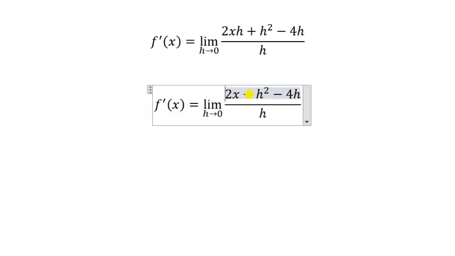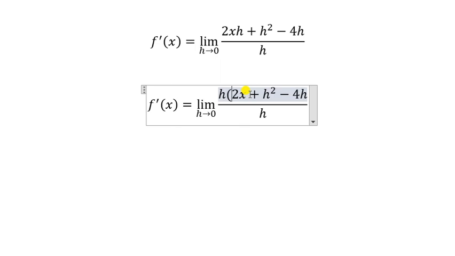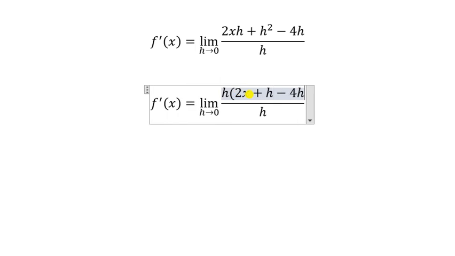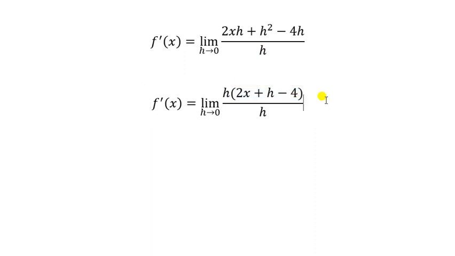I'll factor an h out, so we end up with h times 2x plus h minus 4. So this is our factored equation. I took 1 h out of each of these terms, wrote it outside, and we ended up with this. Okay, so we can divide h into h. So the h in the denominator is cancelled.